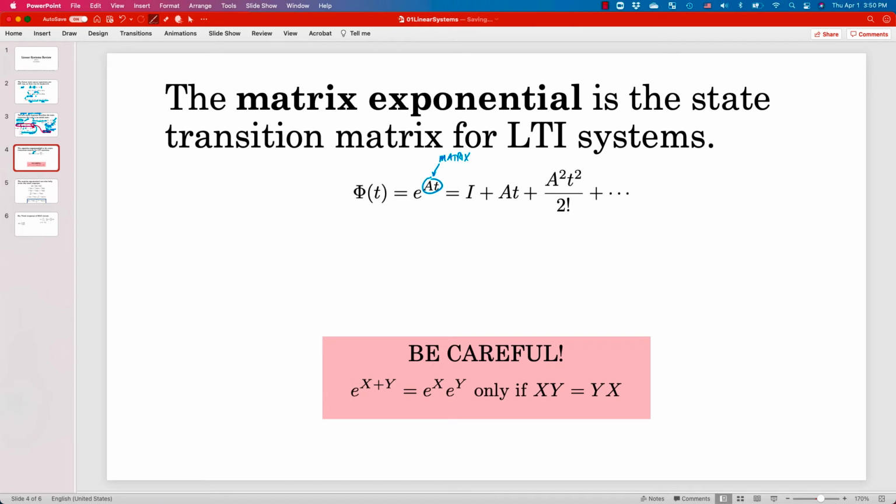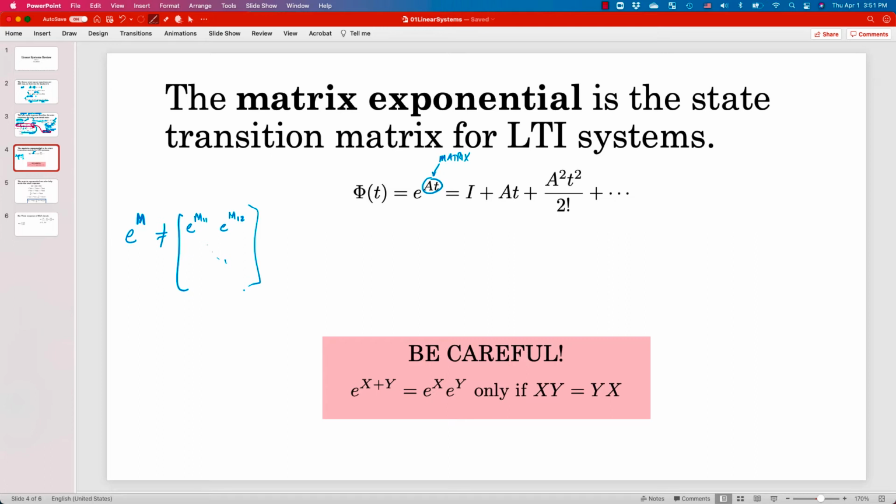And it's important to tell the difference between a matrix exponential, where if I have e to the matrix, this is not the same as a matrix of e to the first element, and then e to the second element, etc. The matrix exponential is not a matrix of scalar exponentials.